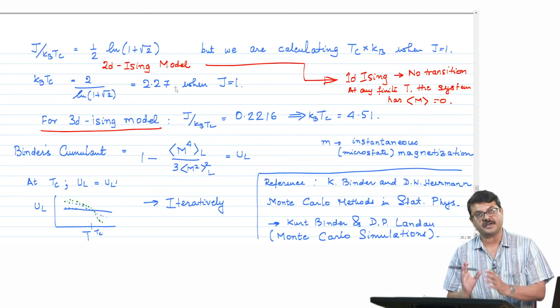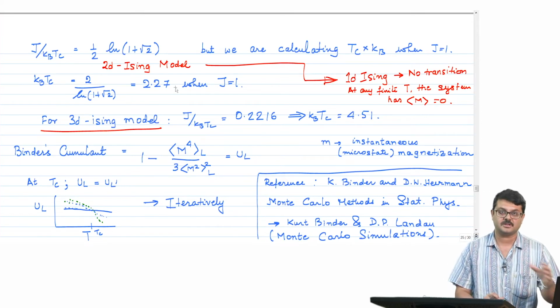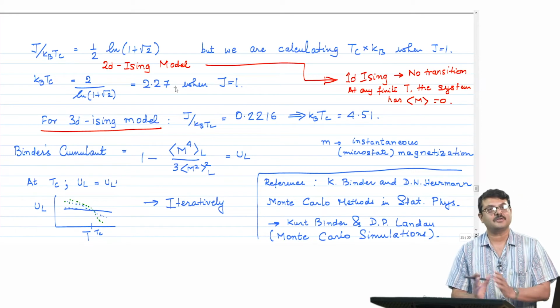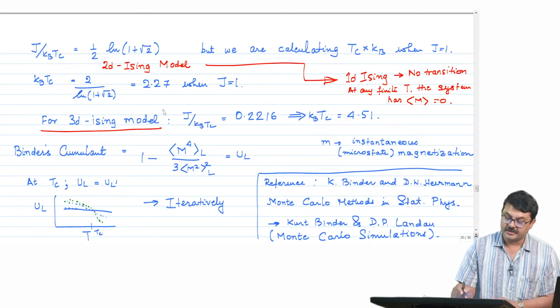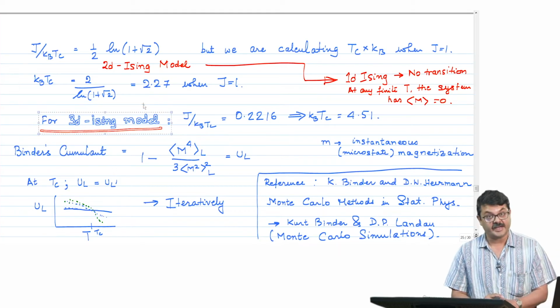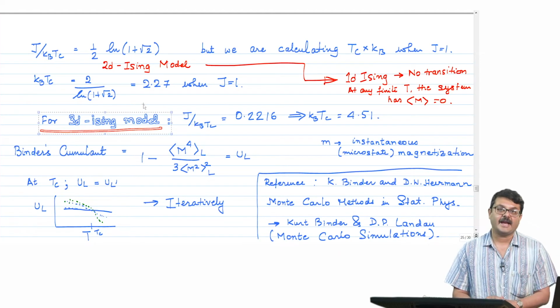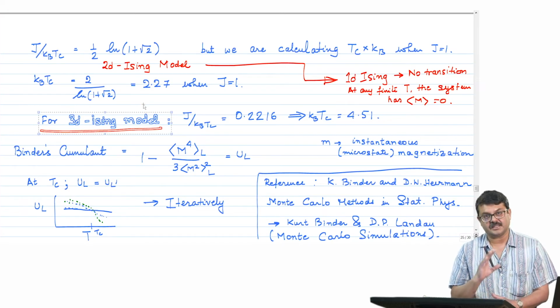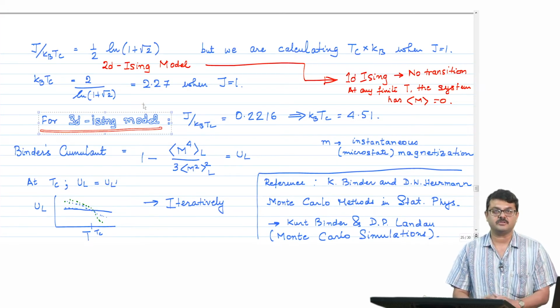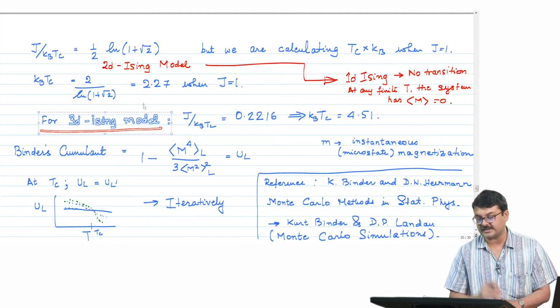We are implementing the 2D Ising model on the computer because we can exactly check, but for the 3D Ising model, as of date, nobody can calculate the value of the critical temperature accurately. By the way, just let me tell you that by computer simulations and also by analytical techniques which are approximate, you can be accurate only up to a certain degree.